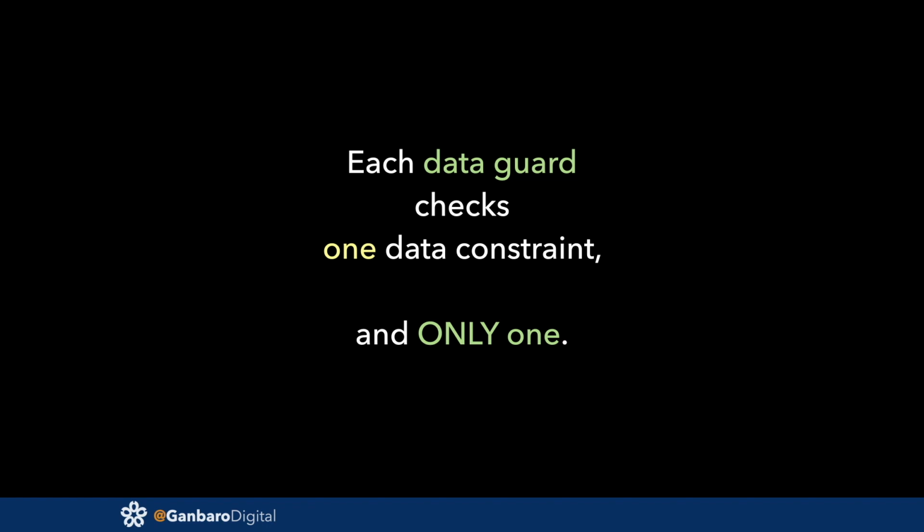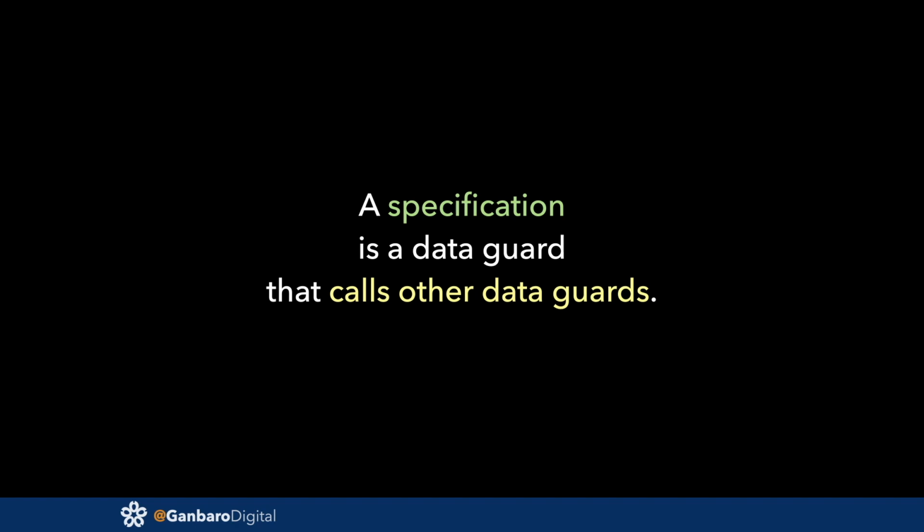To make these more reusable, we make sure that a data guard only checks one data constraint, and only one. And that allows us to build more complicated scenarios from our pool of data guards. If you need a term to describe these more complicated scenarios, you can call them a specification.